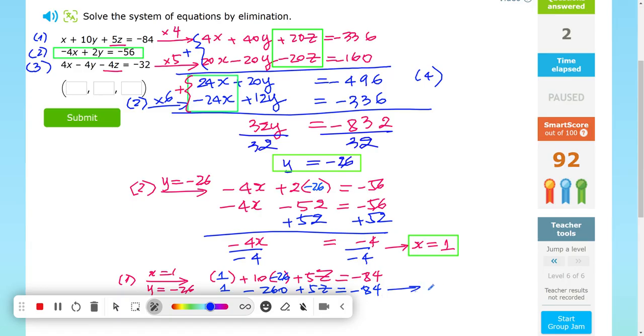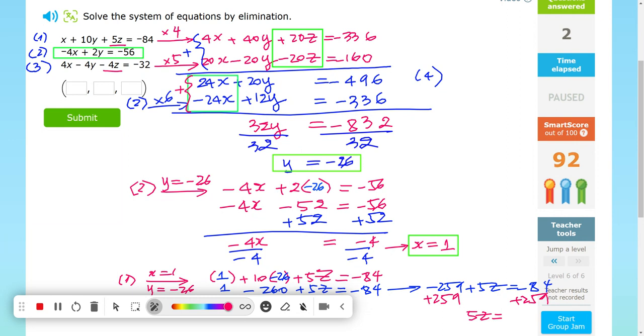So I come out negative 259 plus 5z equal negative 84. I would add 259 on both sides, and I would come out 5z equal. Let's get the calculator over here. 259 subtract 84.